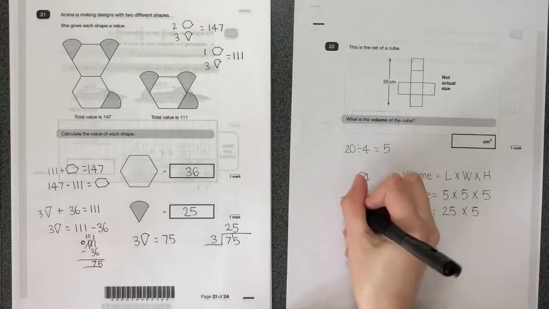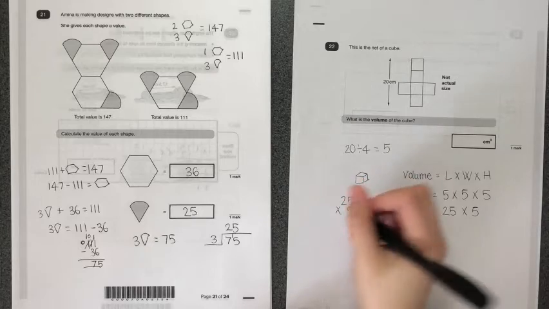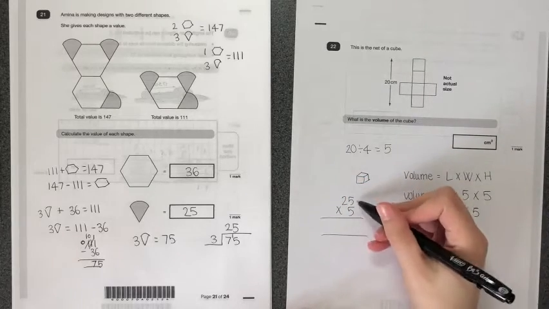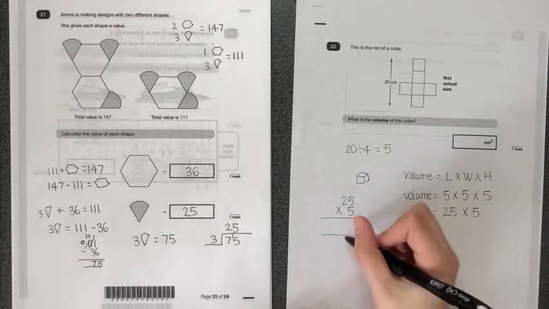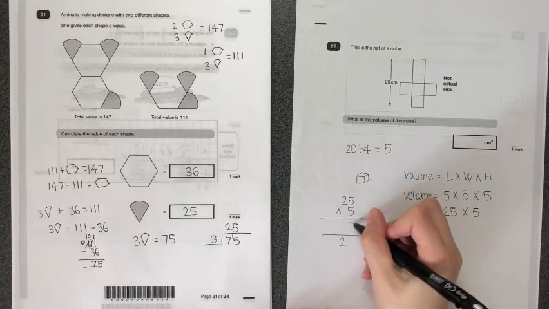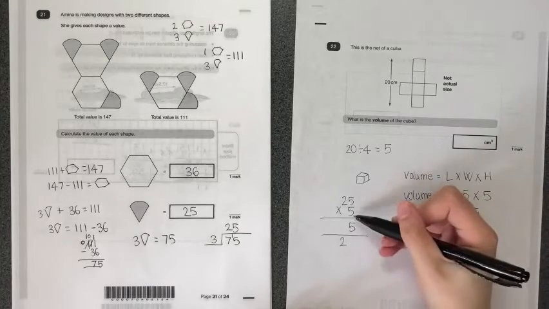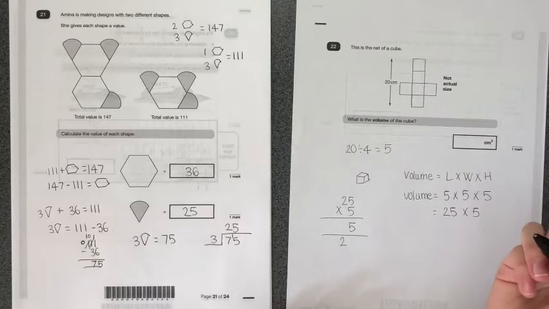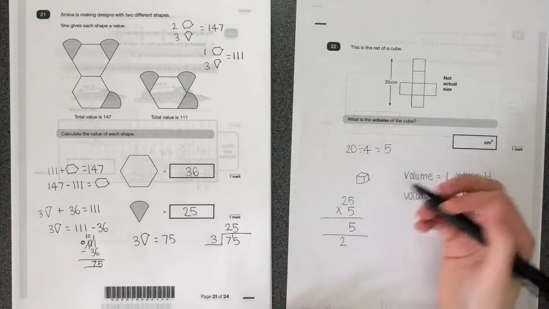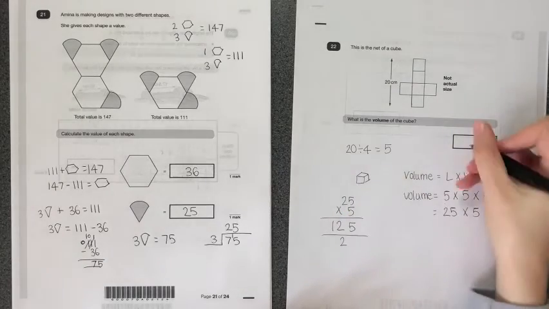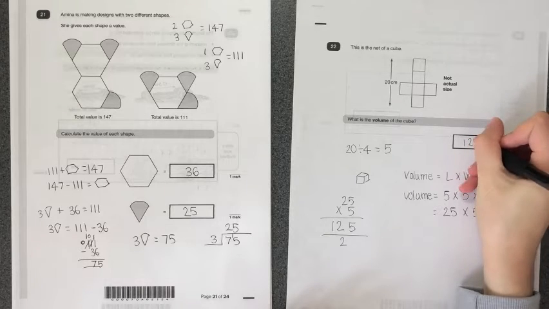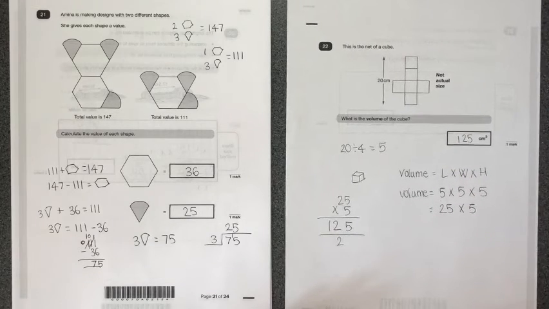Now if we just do a column method to work that out, 5 times 5 is 25, write the 2 down here, the 5 up here. 5 times 2 is 10, plus 2 is 12. 125 centimetres cubed.